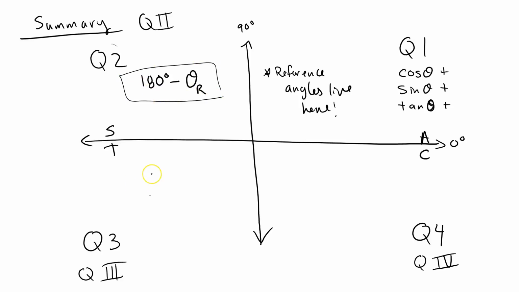With this one, if I just draw this right here, and I say this is theta r, this right here is also theta r. But when I choose a different color, I would say that this is the quadrant 2 angle.